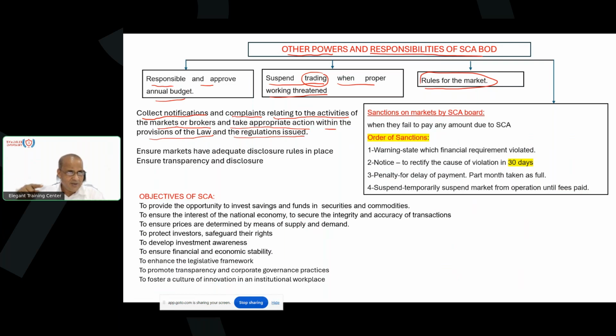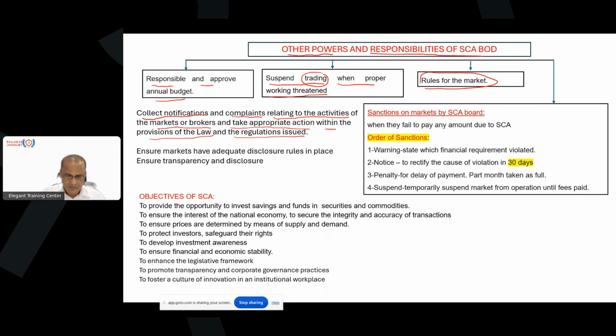To the SCA. So SCA will look at those complaints. Then they may have to ask the broker or the market to sort it out. So they collect notifications and complaints and take appropriate action within the provisions of the law. We will discuss this in further chapters.